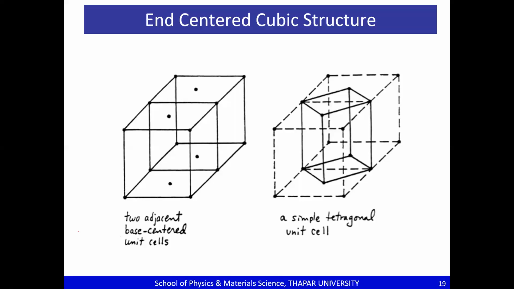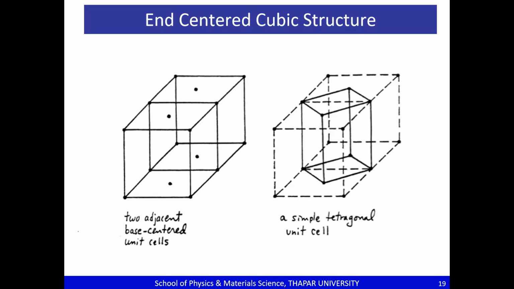So if you create an interconnection like this and focus only on the center region, you can tell me what kind of unit cell you are mimicking in the middle. The same unit cell is now mimicking a tetragonal unit cell. And what kind of tetragonal unit cell is it? It has atoms only at its corners. That means it's a primitive unit cell. So it's a simple tetragonal unit cell.